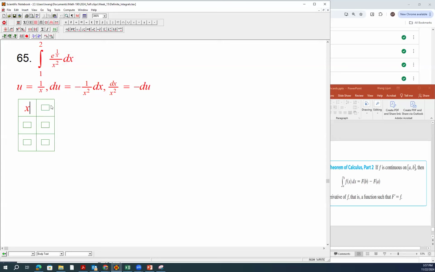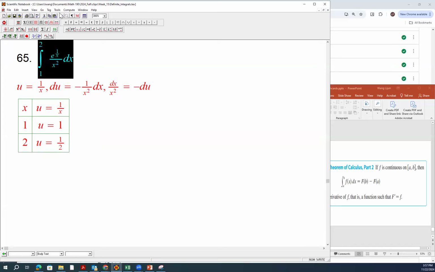We've got x, we've got u. x from 1 to 2. When x equals 1, u equals 1. When x equals 2, u equals half.